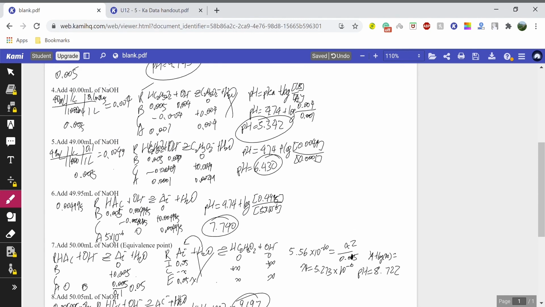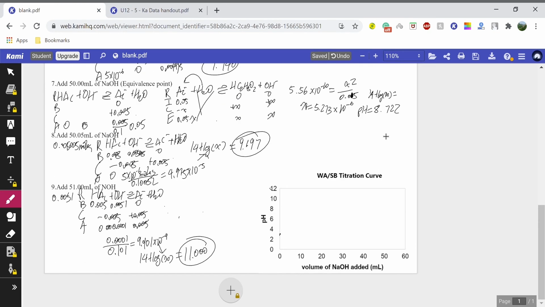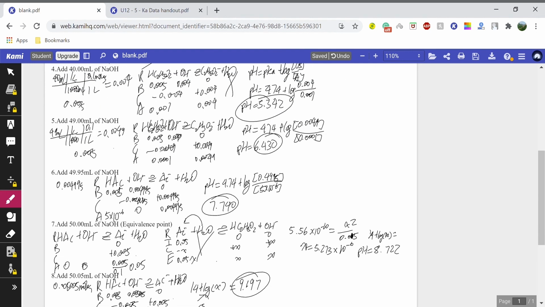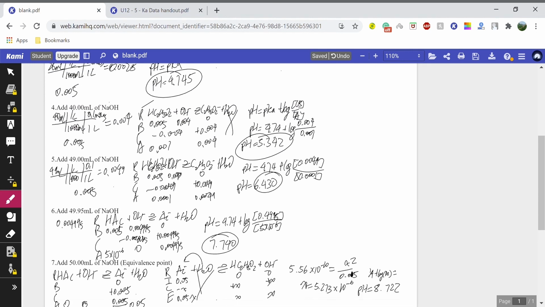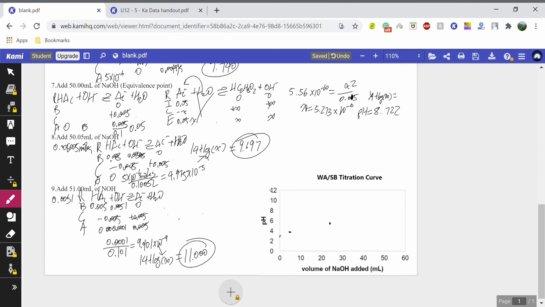Alright, when we add 5 milliliters, we have 3.786. So when we add 5, it's going to be about here. And when we add 25, it's going to be 4.745. 25 is going to be 4.745, about here.